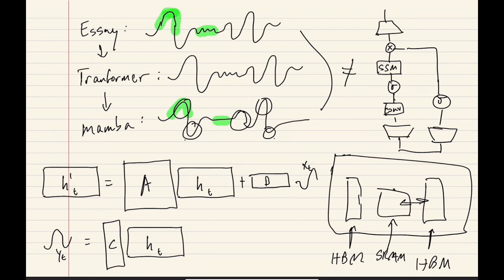If we look at the actual differential equation being used to model Mamba, which is what the Mamba block tries to represent, it shows H prime sub t, which is how does the hidden state change with respect to time, being equal to some matrix A, which is a learnable parameter, multiplied by the current hidden state. Here, we can think about A as what parts of the current hidden state do I need to forget? That's then combined with B, which is another learnable matrix, multiplied by the current input.